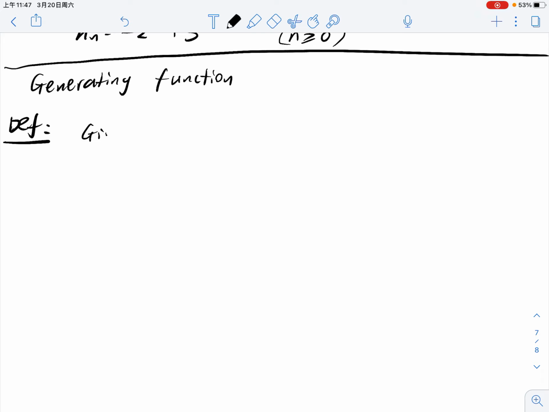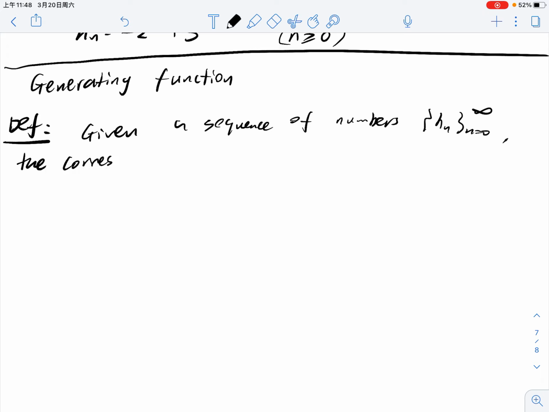So given a sequence of numbers Hn, it's not necessary to be just numbers. It could be some variables, some kind of probability measure or whatever. So corresponding to a situation you have.